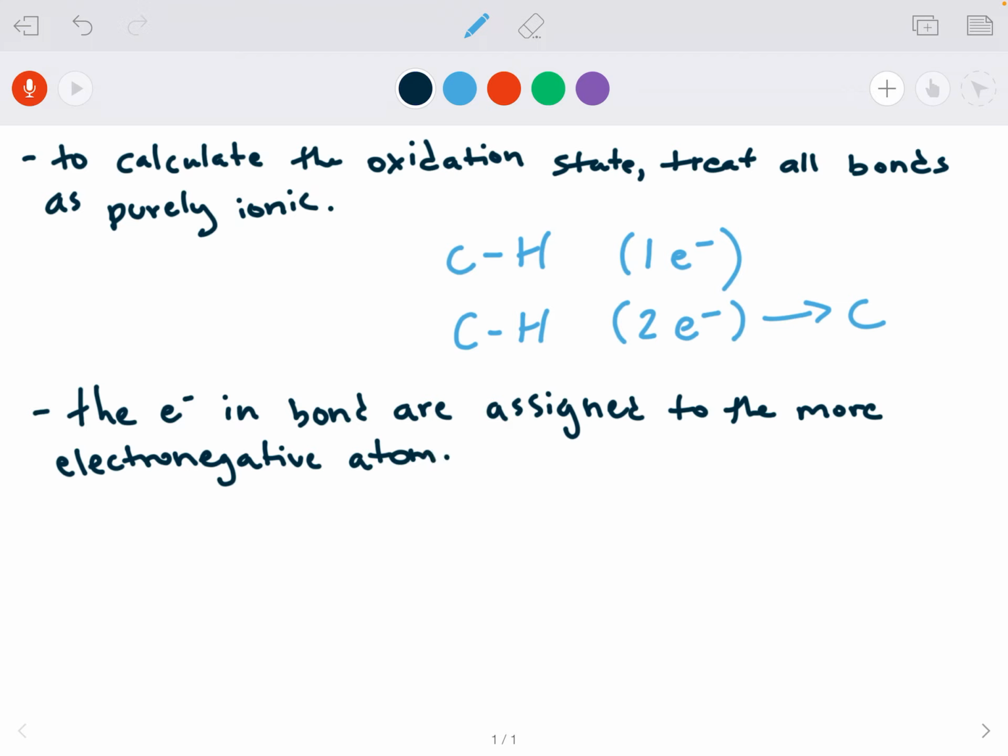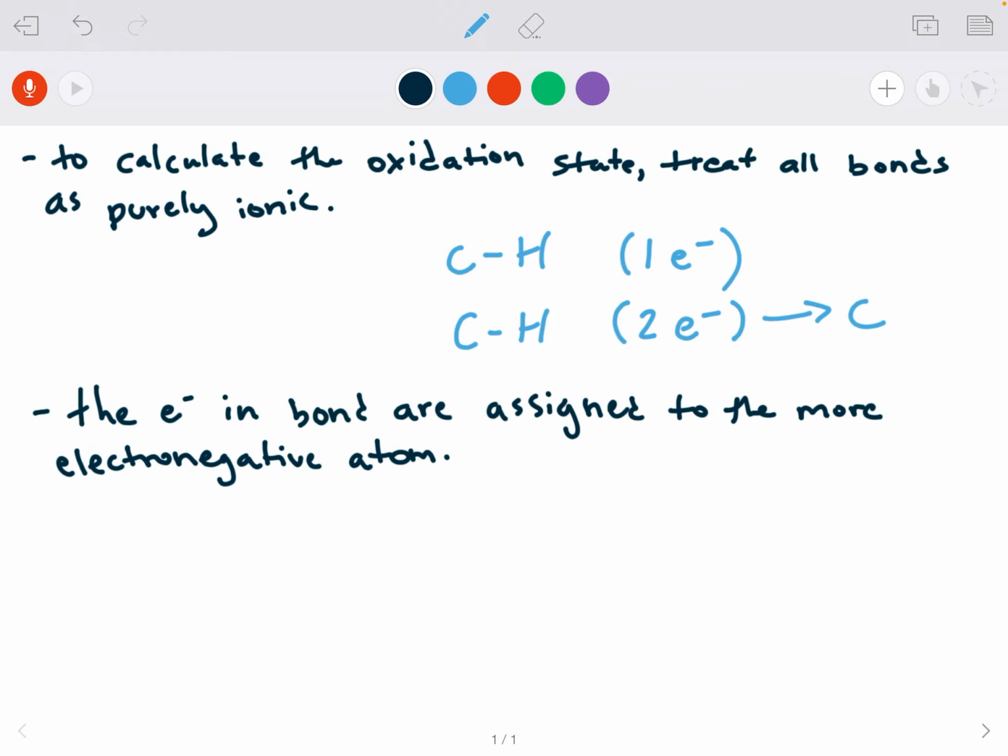Now you may say with carbon and hydrogen, we always treat them as virtually identical in electronegativity, right? Carbon and hydrogen together is always nonpolar. There is a slight difference in their electronegativity though, so for the purposes of oxidation state, we consider that slight difference. So everything's assigned to carbon.